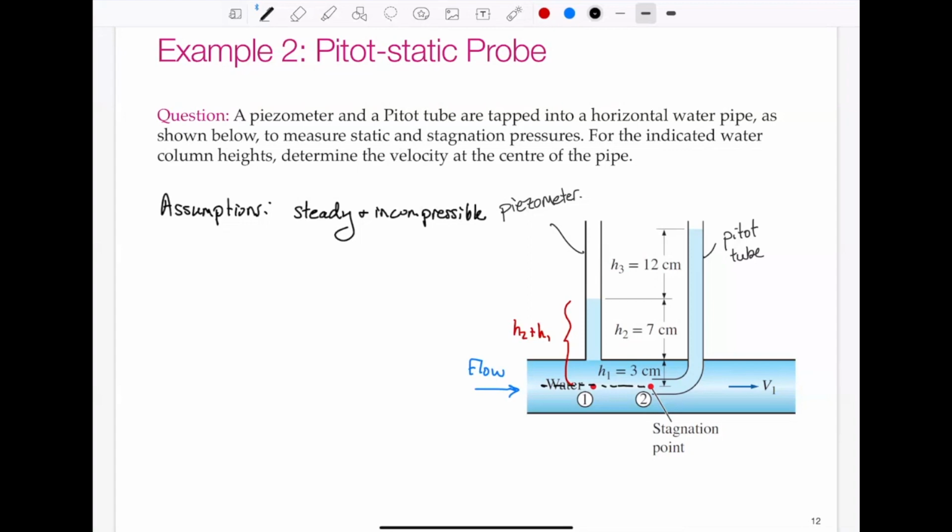And we'll also assume that points 1 and 2 are close enough together that any energy loss between these two points is negligible. So we'll assume point 1 and 2 are close enough to neglect losses between them.